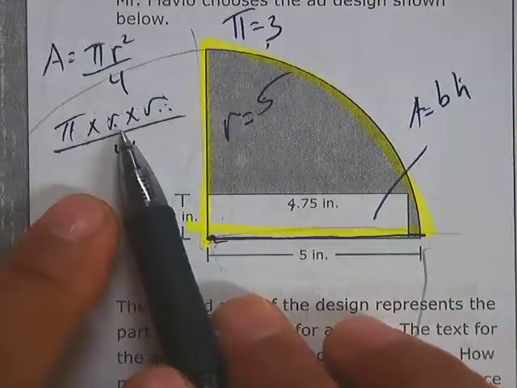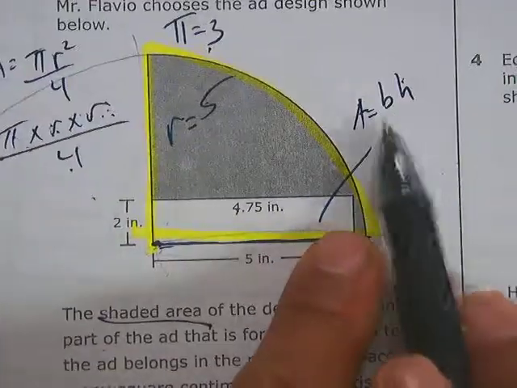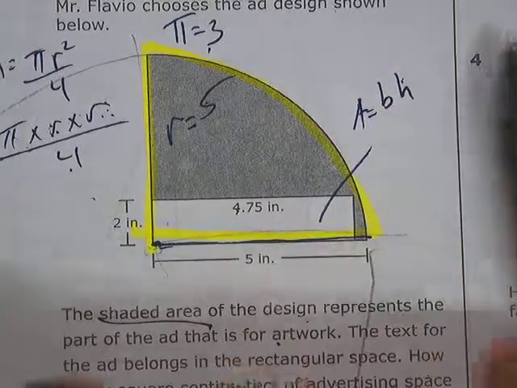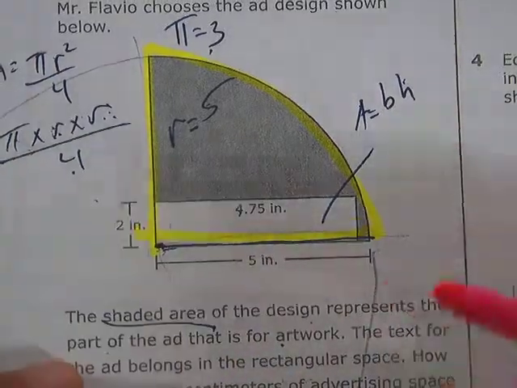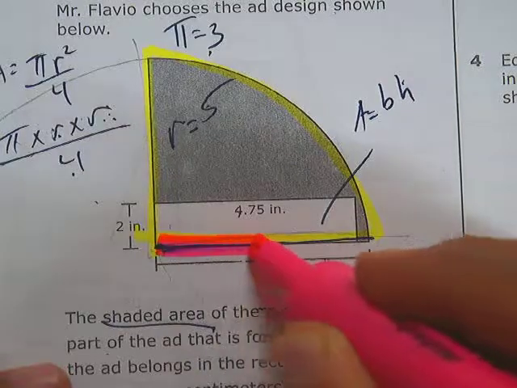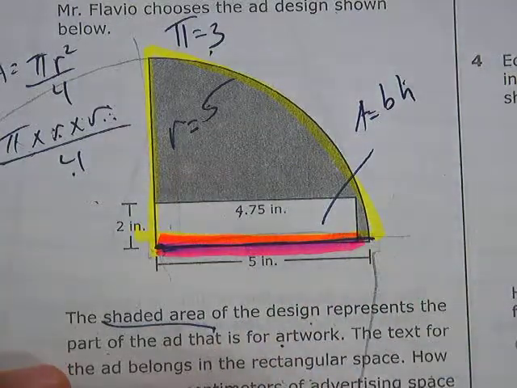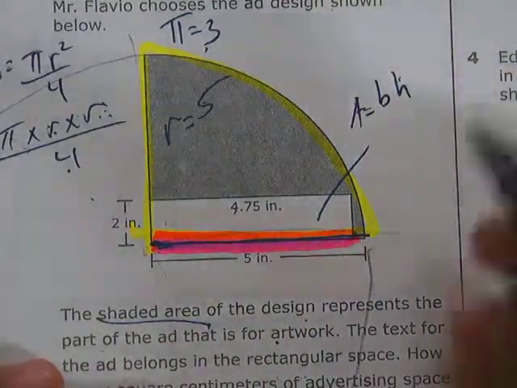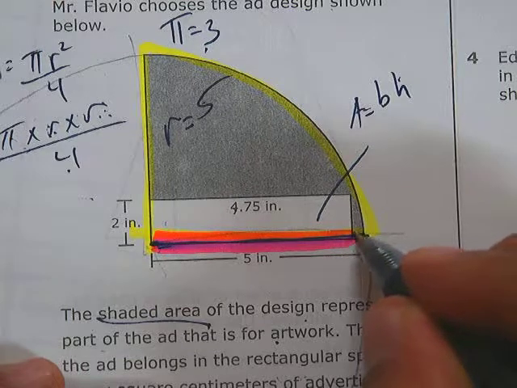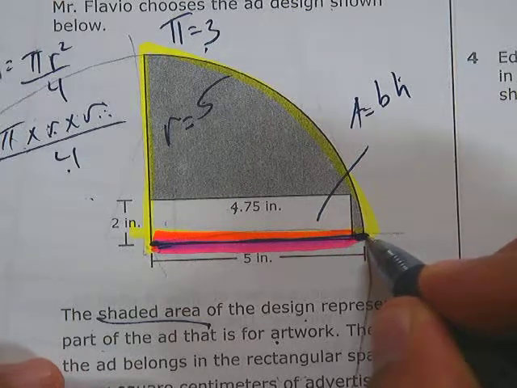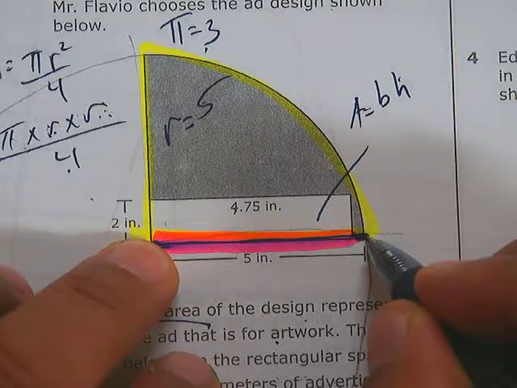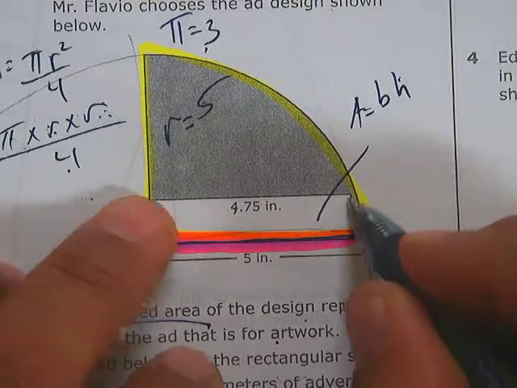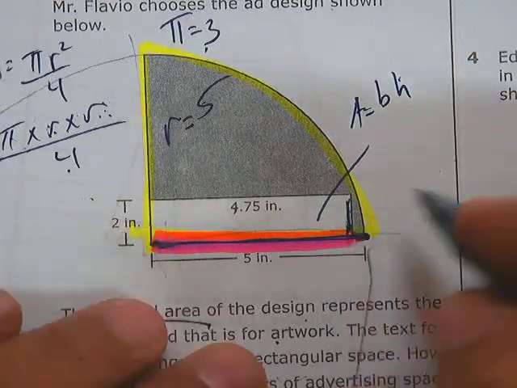So what you have to do is find the area of the rectangle, which is just area is equal to base times height, and subtract it from this one over here. So you find this, subtract it from this. Now what is the base of this rectangle? Well, it's not 5, because 5 goes all the way across. It's that number there, not all the way.